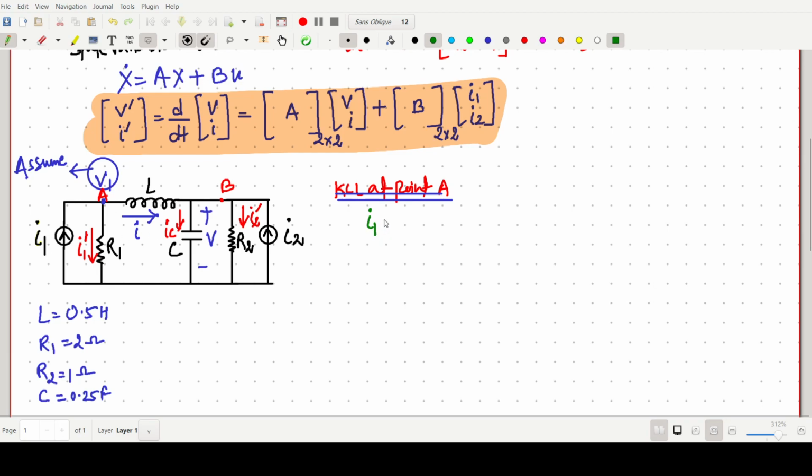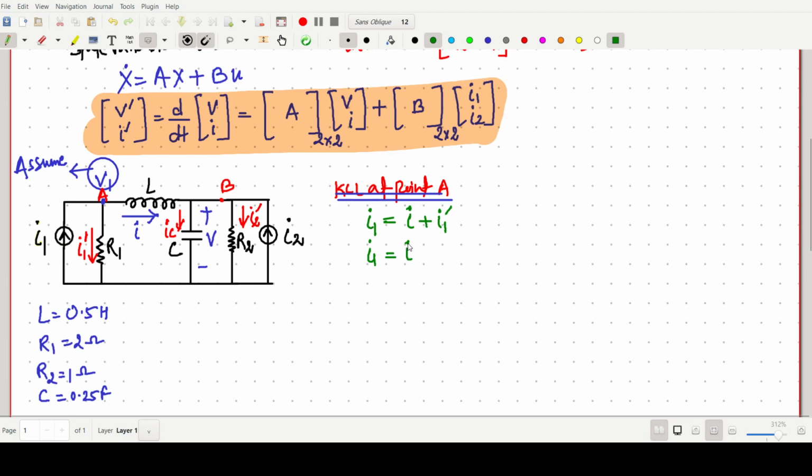I1 equals the current through the inductor plus I1 dash, so I1 equals I plus I1 dash. The state variable I is already there.